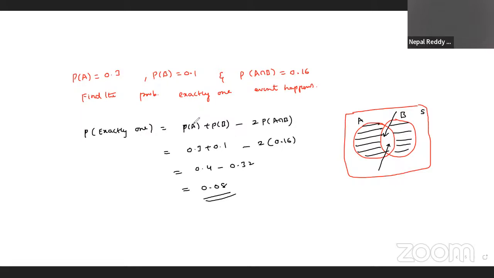Suppose the question is: the probability that at least one of A, B occurs is given as 0.6.